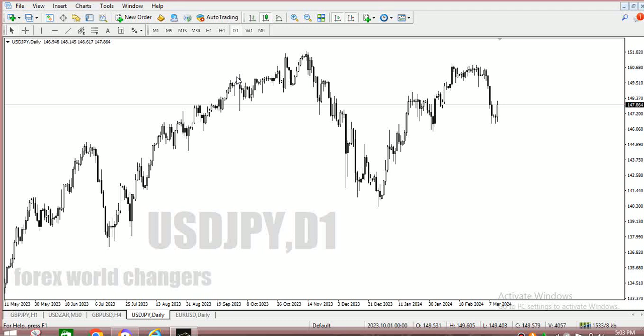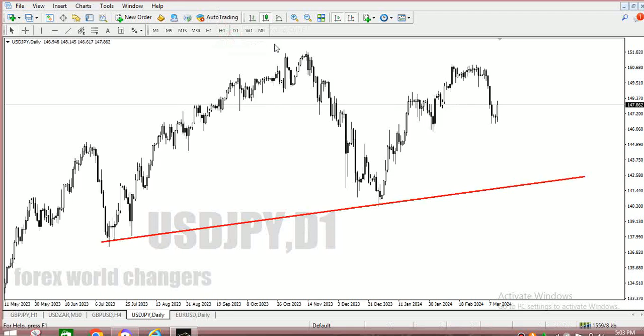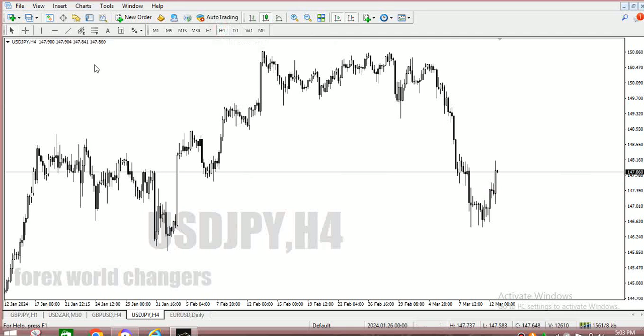My problem with the USD yen is that it's on an uptrend, and it's always more powerful to buy than to sell. This was the highest high, and it never broke it, so a sell would not be bad. This is where I see a sell.